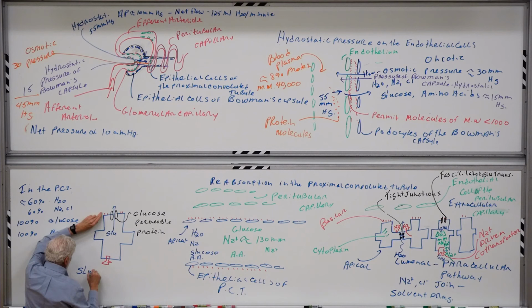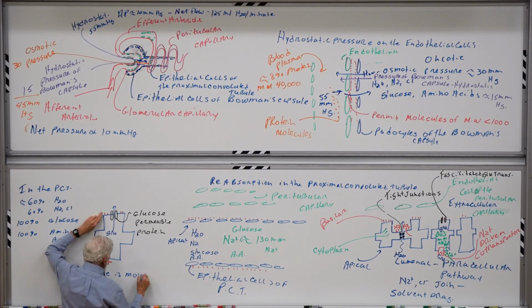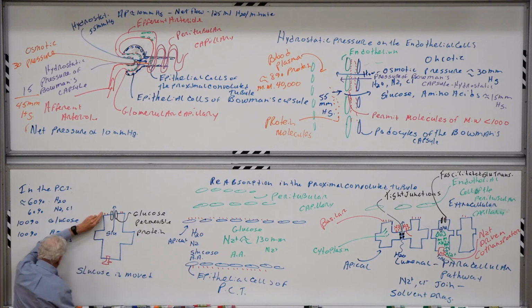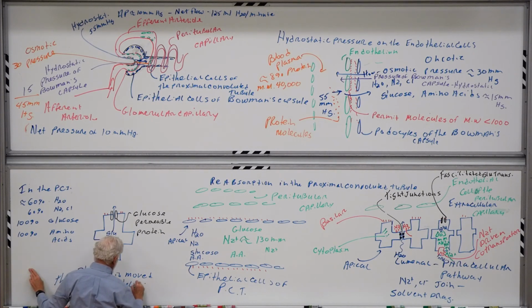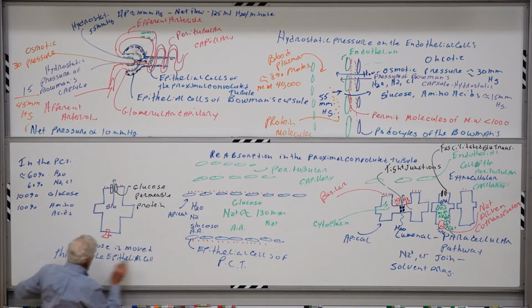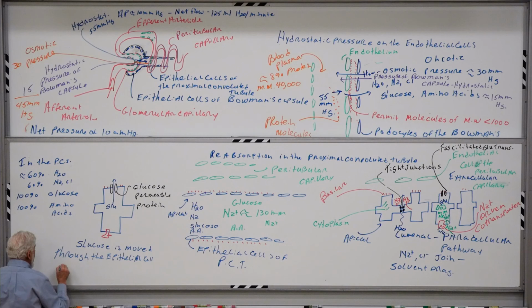Glucose is moved through the epithelial cell. It's moved through the epithelial cell cytoplasm.